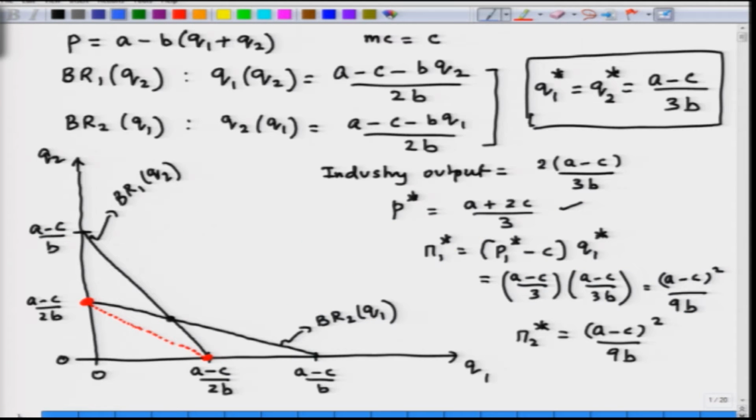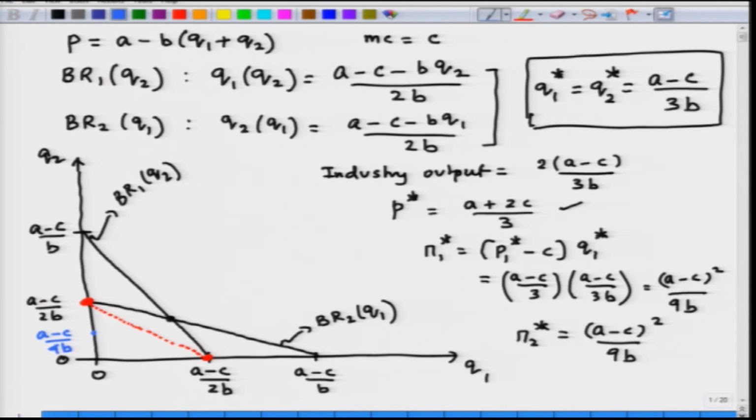So, in other words, if I go to the previous graph, (A minus C) by 4B is somewhere here. Let us say firm 2 is producing (A minus C) by 4B, and firm 1, which had earlier agreed to produce (A minus C) by 4B, let us ask whether firm 1 is going to honor its word or not. The moment firm 2 produces (A minus C) by 4B, firm 1 is going to ask what its best response is.